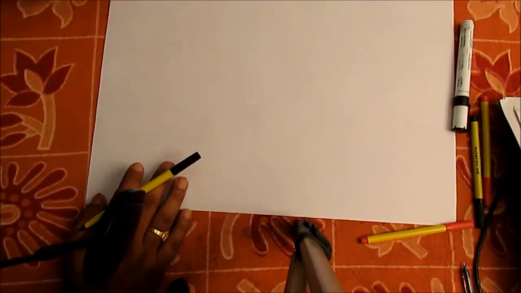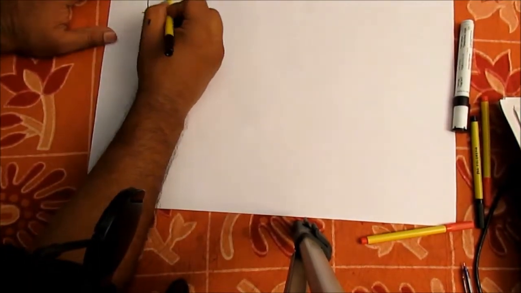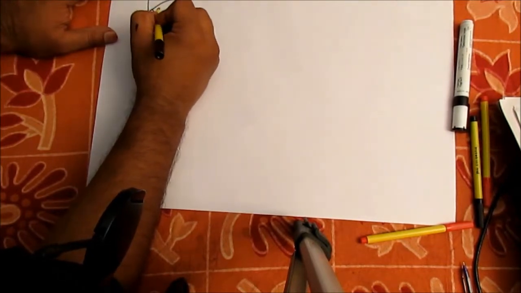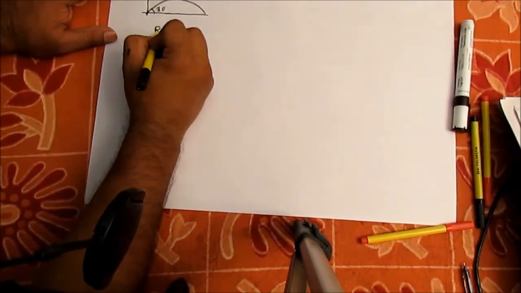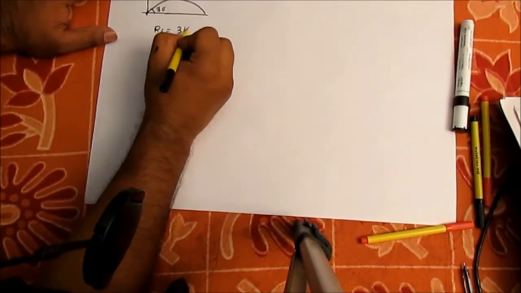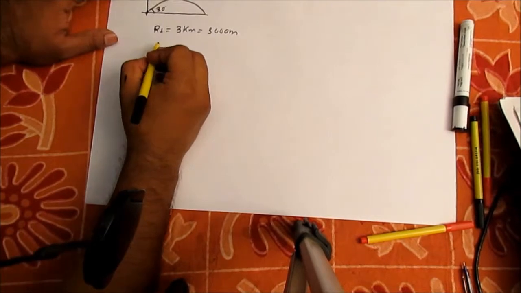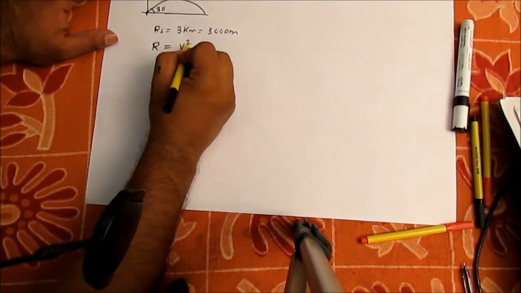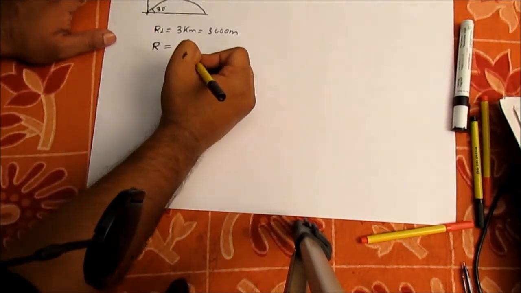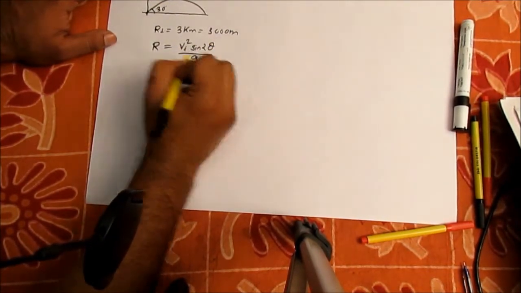Okay. Now consider a case here. At angle theta, I have projected one bullet, and how much range does it cover? I will name it R1 as 3 km, that is 3000 meter. You know the formula for the range for any given angle theta is Vi square, that is initial velocity, sin 2 theta divided by g.